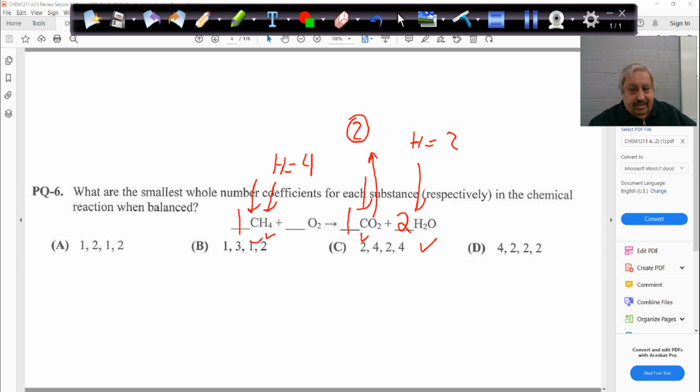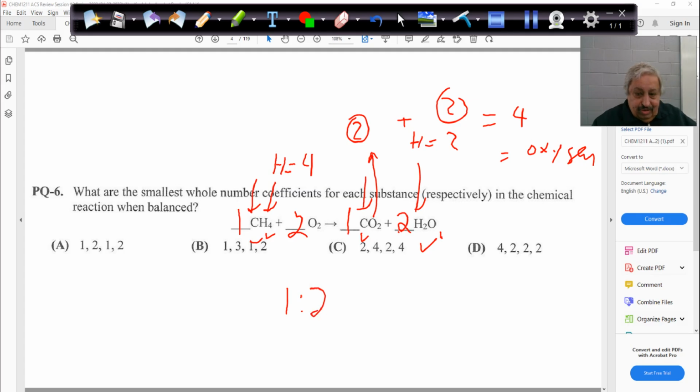And how many do we have here? No, 1 understood, not written, but 2 in front of it. Plus 2, so here is 2. So this is 4 for the oxygen, correct? So what should I put in front of this? 2, perfect. So the mole ratio, or the coefficient ratio, is 1 to 2 to 1 to 2.